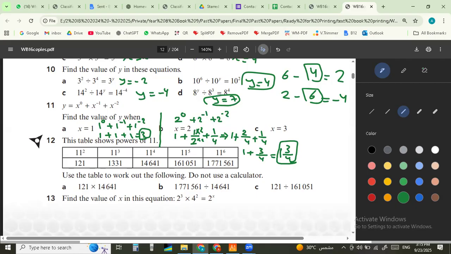The last question, question C, it says here, x is 3, so it's 3 to the power of 0 plus 3 to the power of -1 plus 3 to the power of -2, which is 1 plus 3 to the power of 1 is 3, but it's negative power, so 1 over 3 plus 3 to the power of 2 is 9, but it's negative, so 1 over 9.